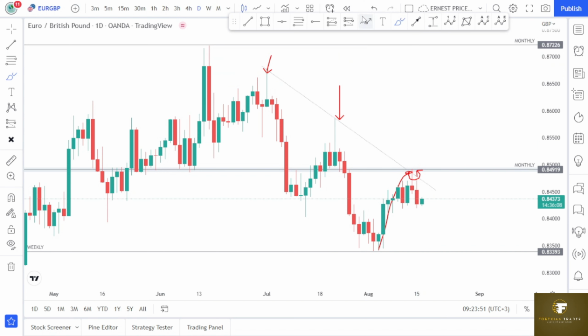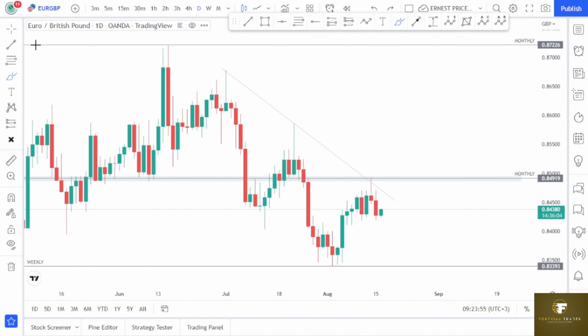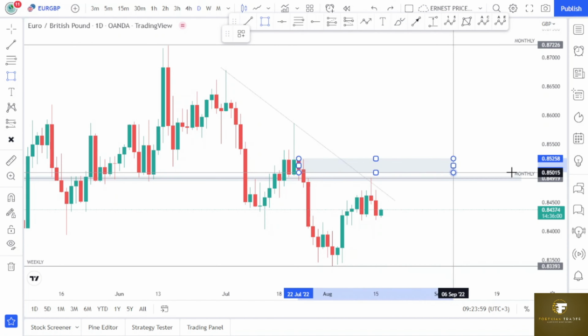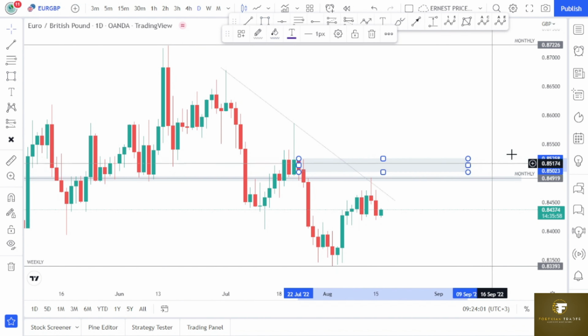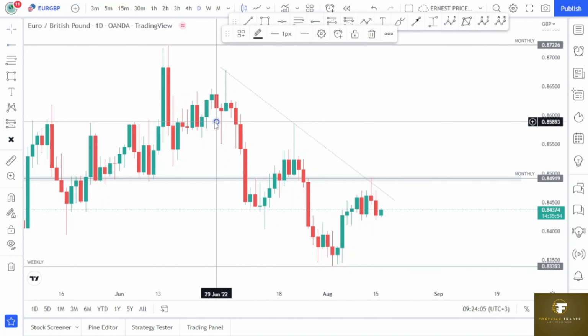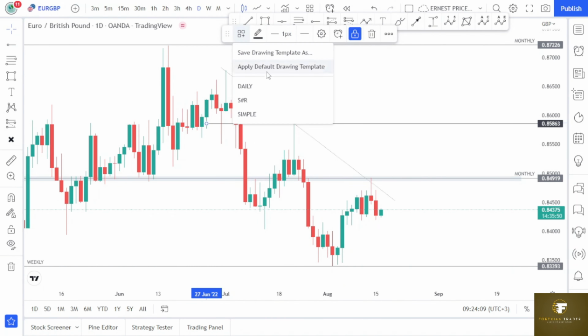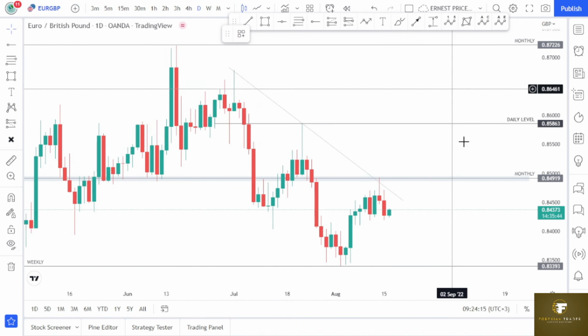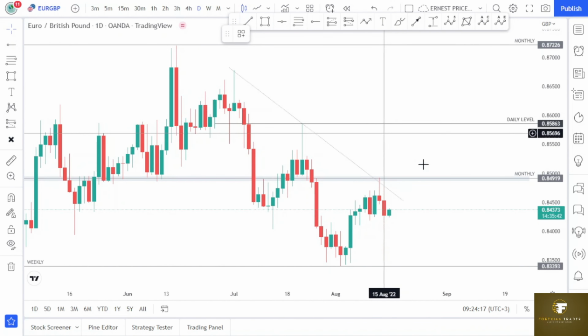So I was looking for price to make a third touch on the trend line, but I also had this level here, some sort of support, a supply and demand level sitting on that point. So it was one of the reasons that I saw an opportunity, so I was looking for it.